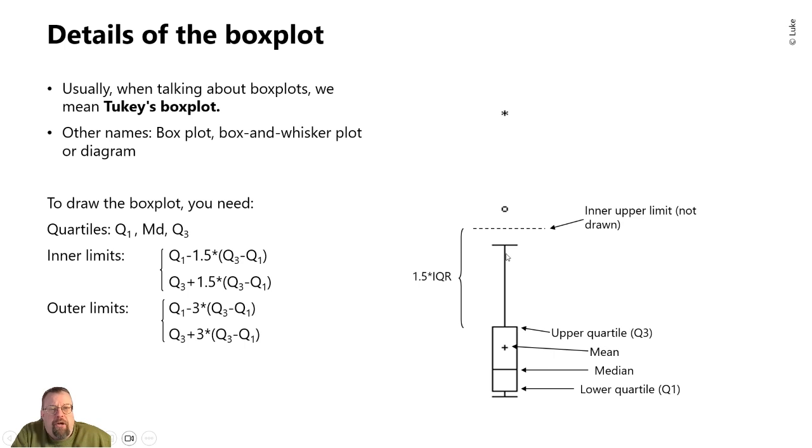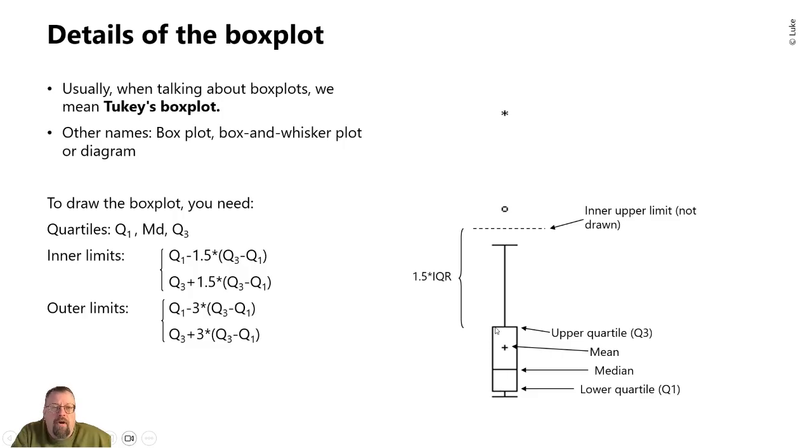Then the whisker: the way that is drawn, we first check where this inner upper limit is, which was this one here. So Q3 plus 1.5 times the interquartile range, and the interquartile range is actually the length of the box.